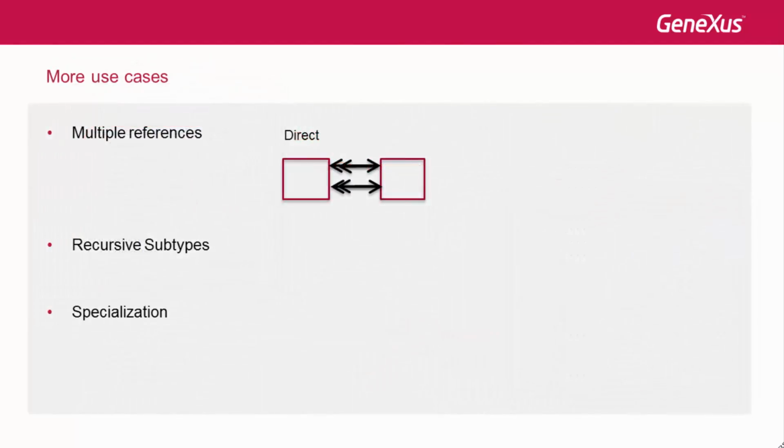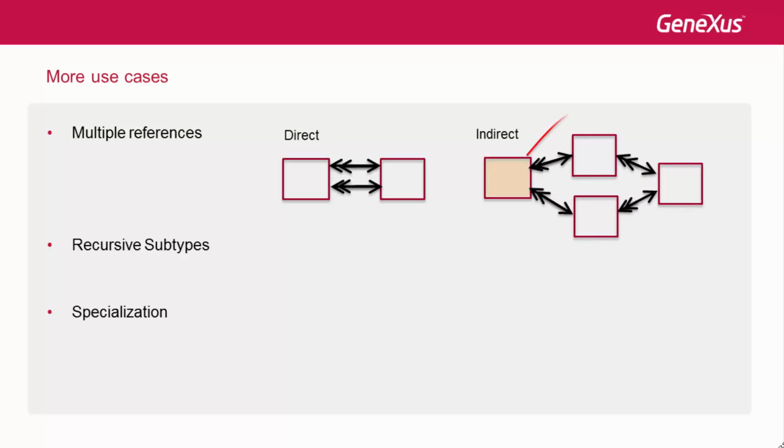There are a lot of other cases in which it's necessary to change an attribute's name in order to avoid a conflict or ambiguity. In this video, we saw the case of multiple references from one table to the other, but these references don't have to be direct. From this table, we have two different paths to get to this other table, so we would need subtypes to differentiate them. We also have the case when an entity must reference itself.